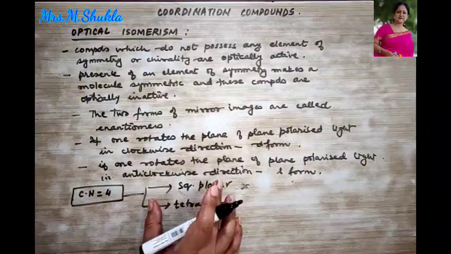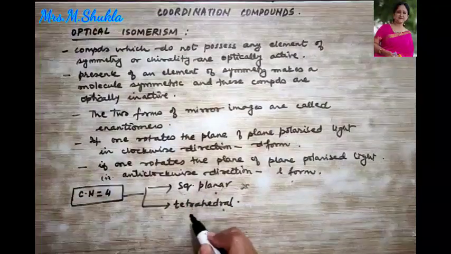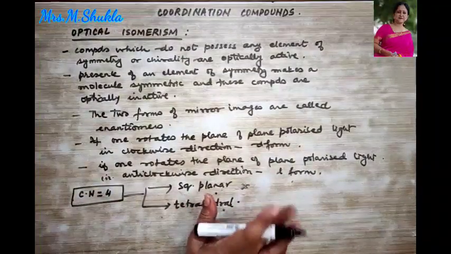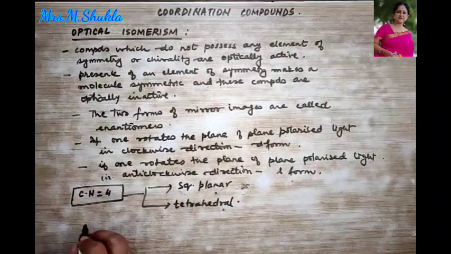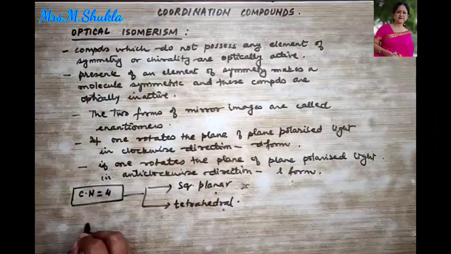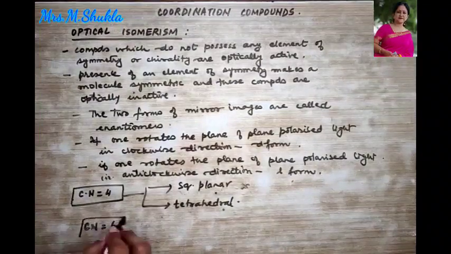Thus, optical isomerism is not possible in either square planar or in the tetrahedral complexes. Is this point clear? Now next we move to those complexes where coordination number is 6.